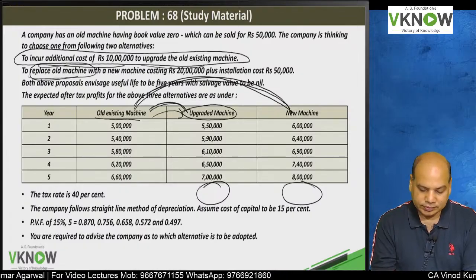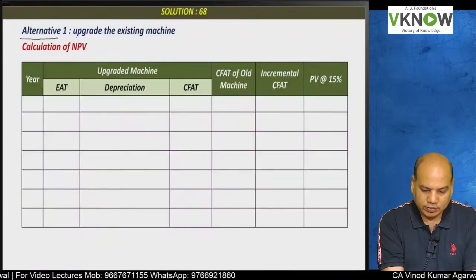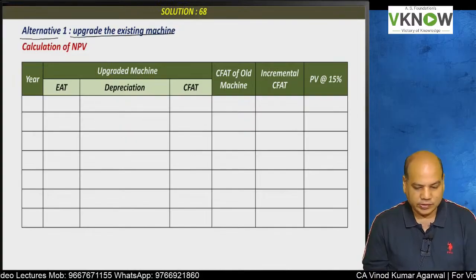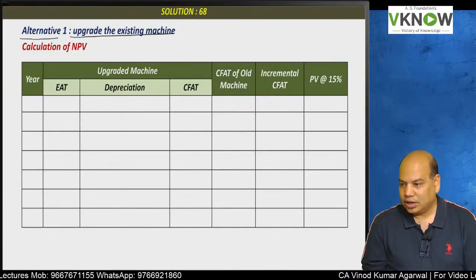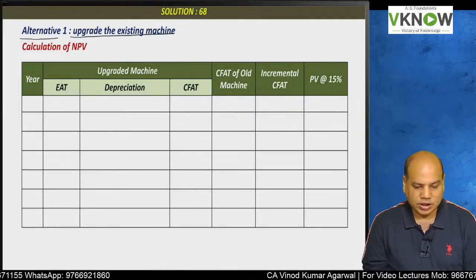Is it right? So write down alternative 1, upgrade the existing machine. Upgrade the existing machine and directly we will compute NPV in this table. Please write down a little fast.